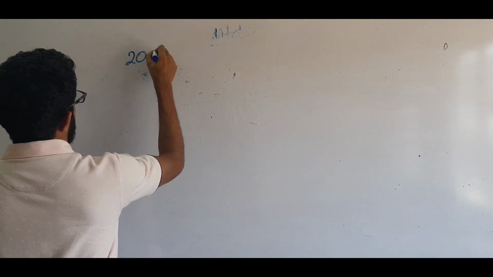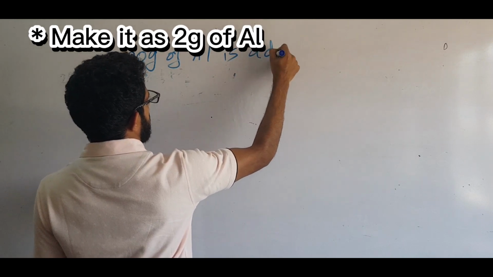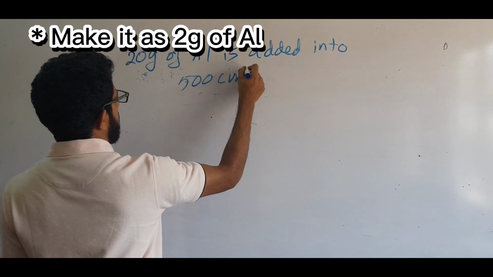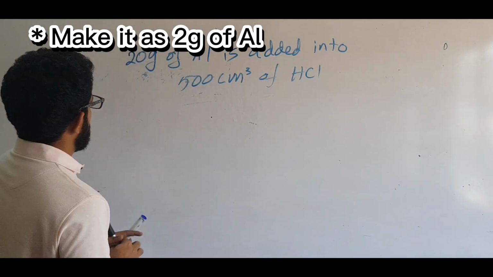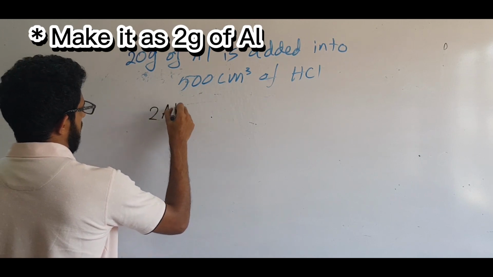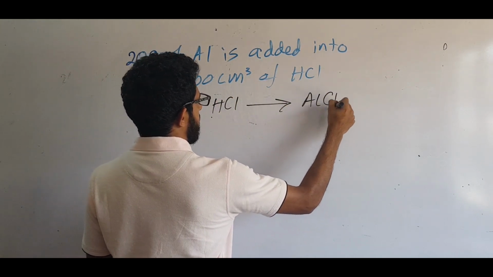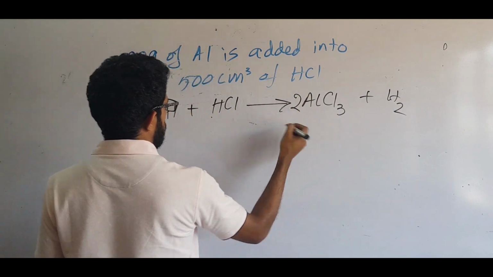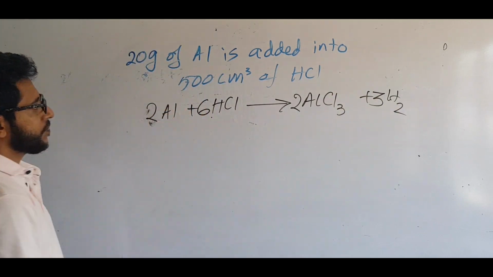Let's say 20 grams of aluminium is added into 500 cubic centimeter of HCl. The reaction is aluminium reacts with HCl, producing AlCl3 and hydrogen. Let's balance this: 2 here, 6 here, 3 here, 2 here.